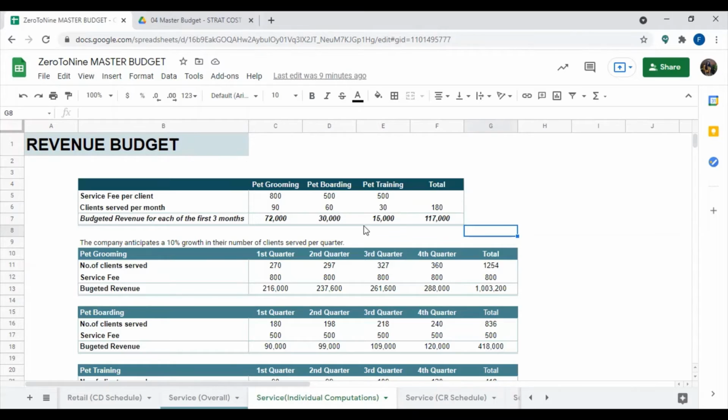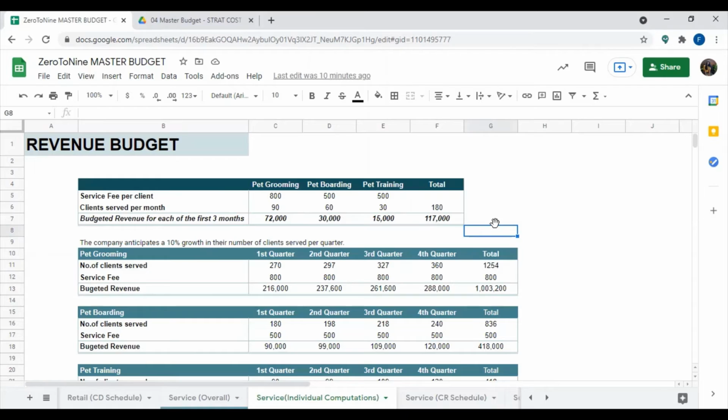So the budgeted revenue for each of the first 3 months for pet grooming is 72,000, while for pet boarding it is 30,000, which is 60 clients served per month multiplied by the service fee per client of 500, while for pet training it is 15,000, which is computed by multiplying 30 by the service fee of 500.